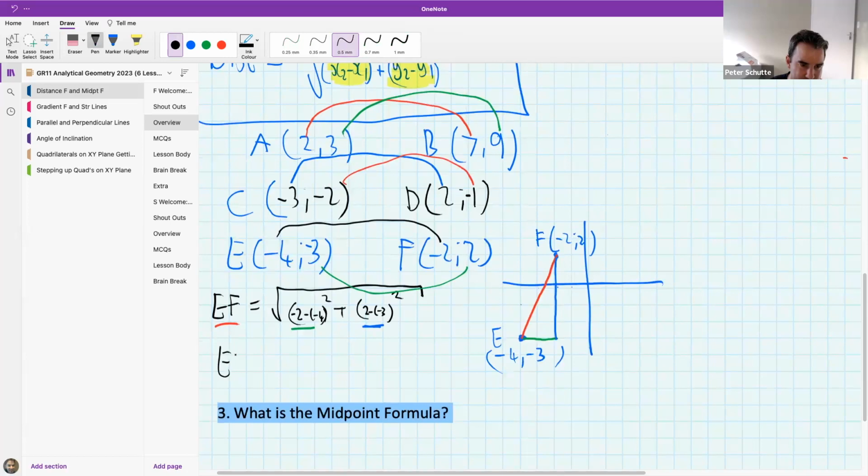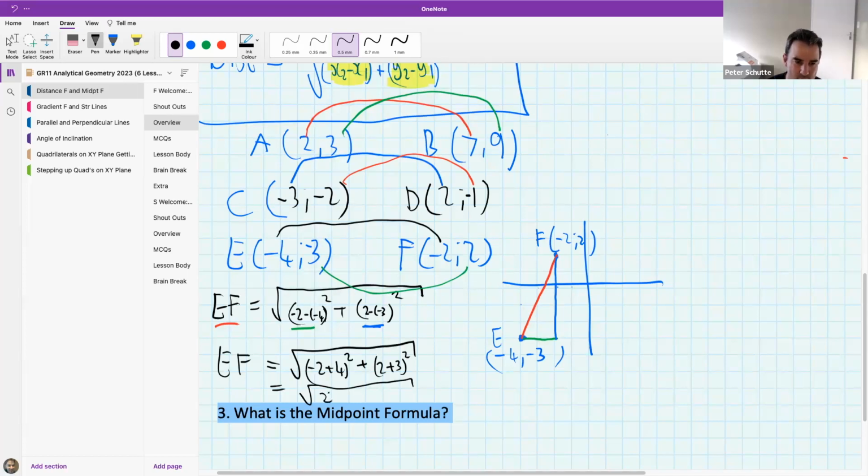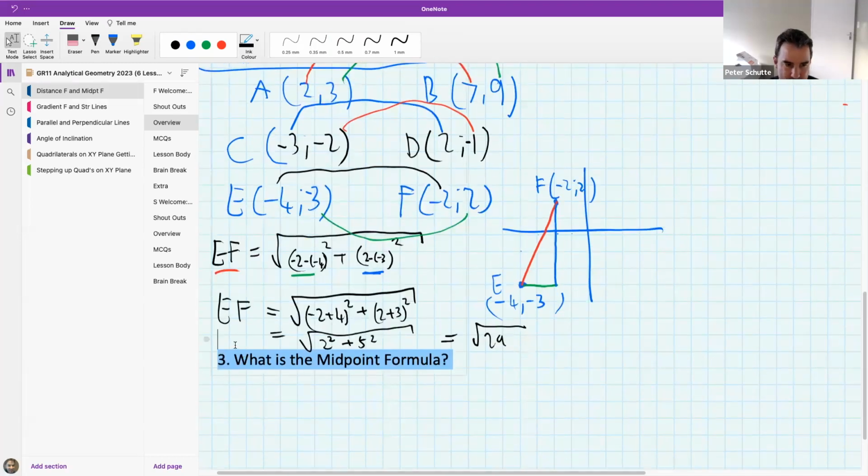What are we going to get for my final answer? We should get, it seems, the square root of 29.